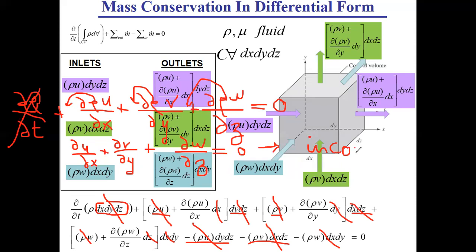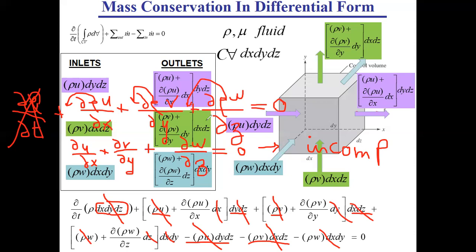Now, if you have a steady application, but you don't know if the fluid is compressible or not, then del rho by del t will also cancel out, but you will not be able to remove rho from the derivative with respect to space.